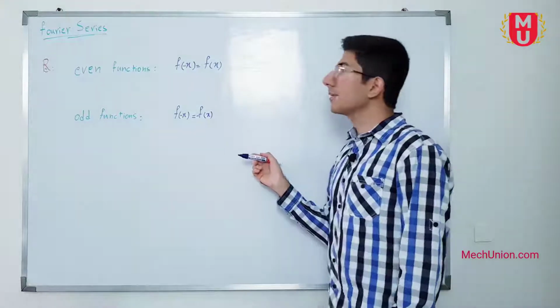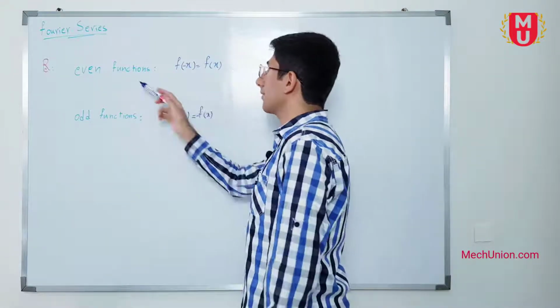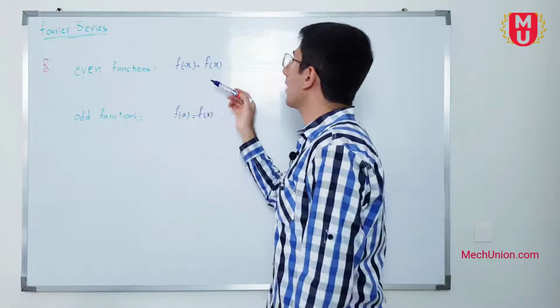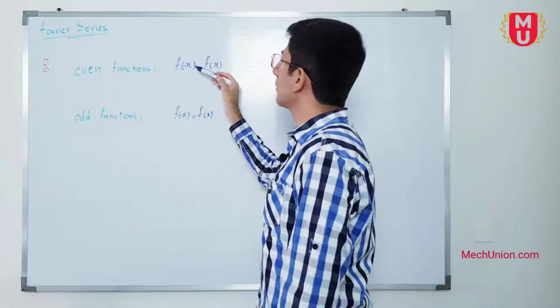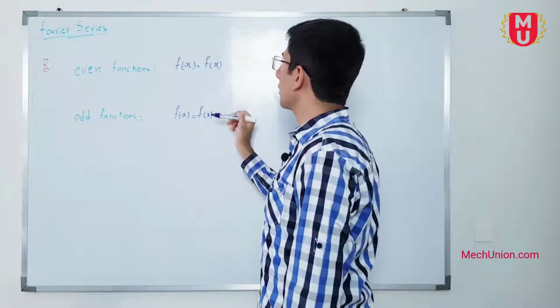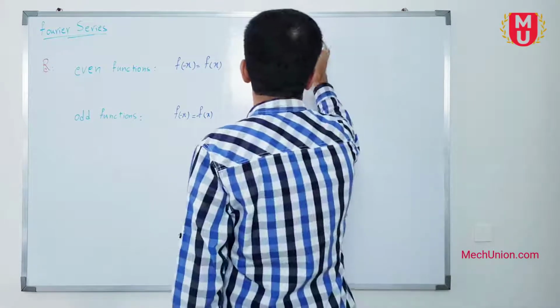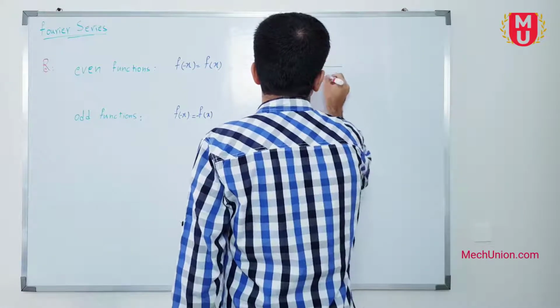Okay, as I remember, I have brought you these two types of function. We have even function and odd function. In an even function, the negative sign is being swallowed, and it's symmetric to the y-axis. As an example, take a look at the cosine function.